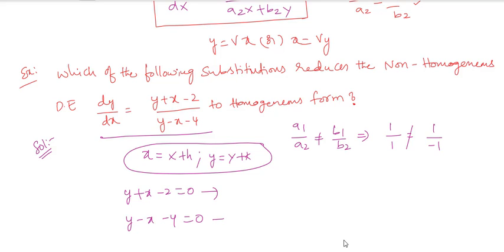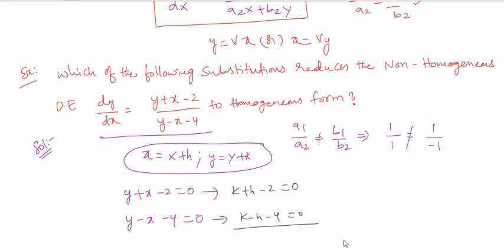This is an exact replica of that. y plus x minus 2 means, y has k and x has h, so k plus h minus 2 is equal to 0, and then k minus h minus 4 is equal to 0. I just simply replaced x and y: y has k, x has h. Am I right or not?